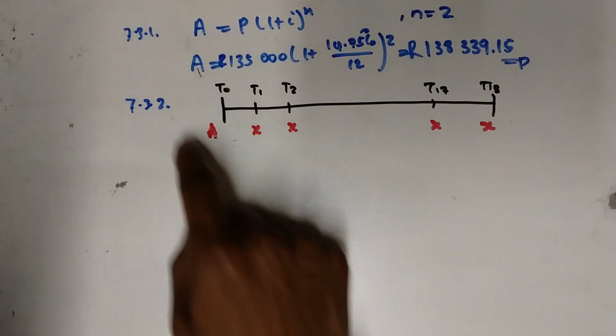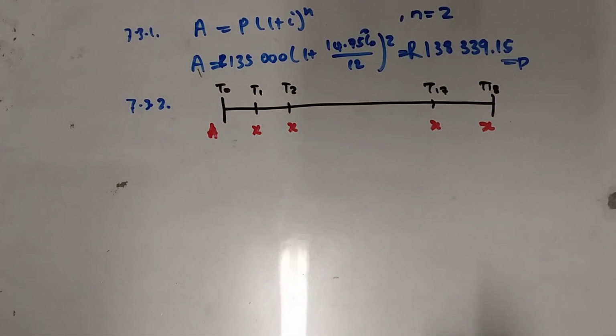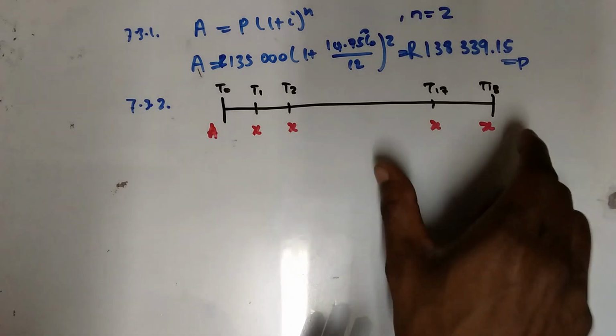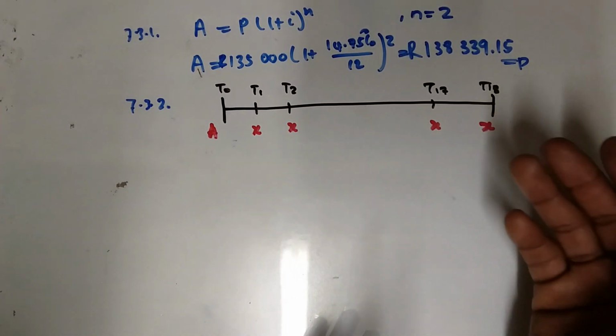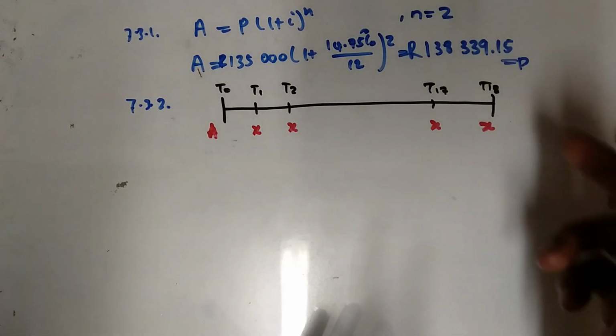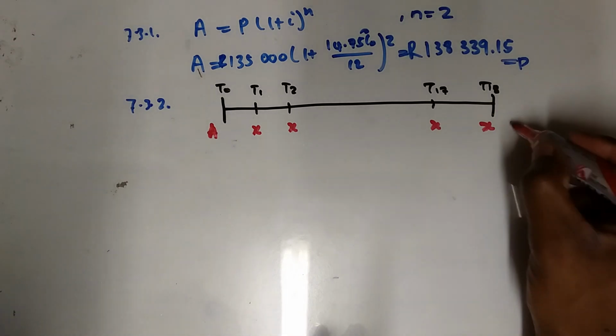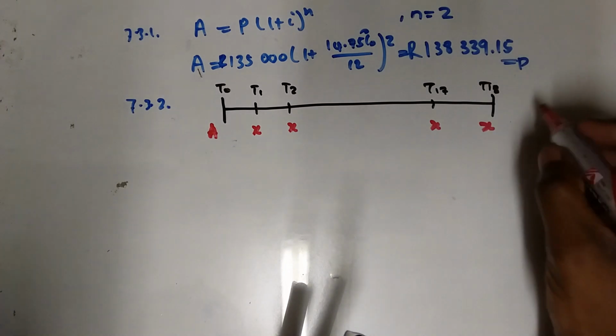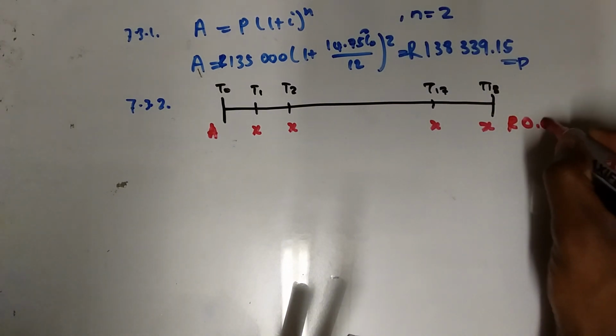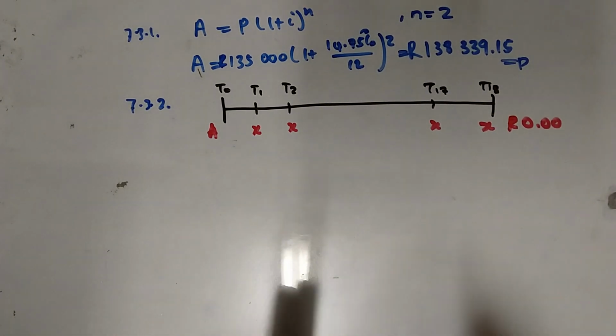They said that after the loan is granted, she has 3 months before she can start paying. Now we're trying to solve for this X that she has to pay such that at T18, the amount she was owing equates to 0.00, meaning that she has paid the whole thing.